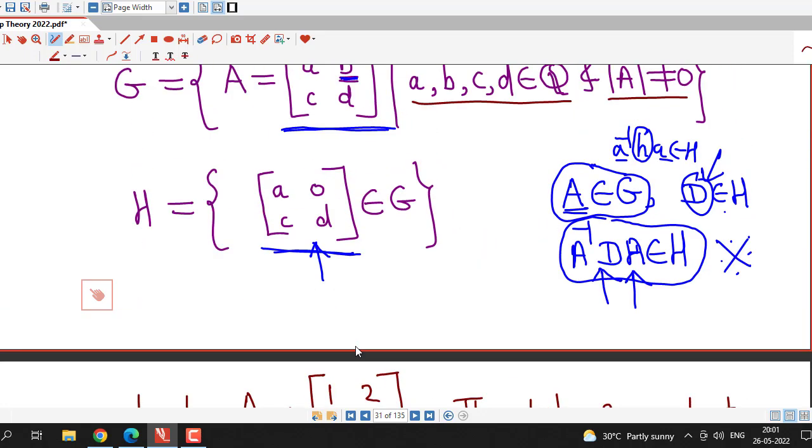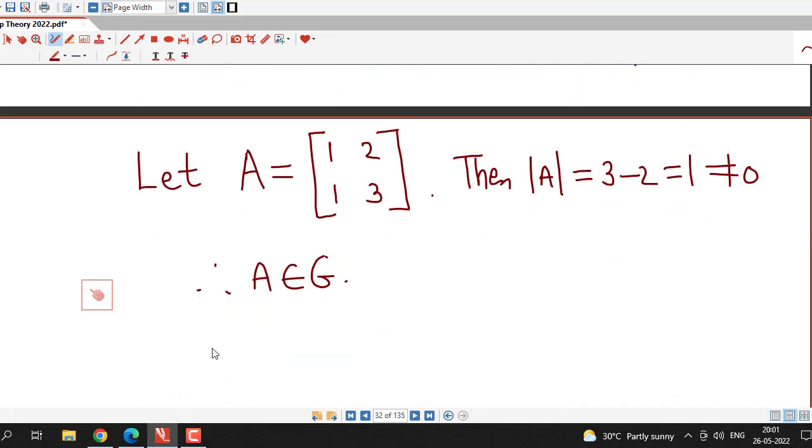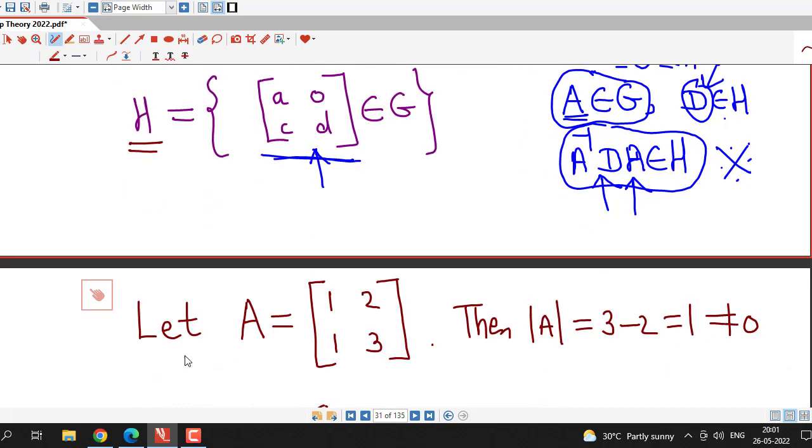And we consider an element in this subgroup H. Suppose I take D equal to, I consider all the entries as 1 and here I put 0. I cannot use capital H, I have to use some other notation, say D, since H is used for the subgroup.